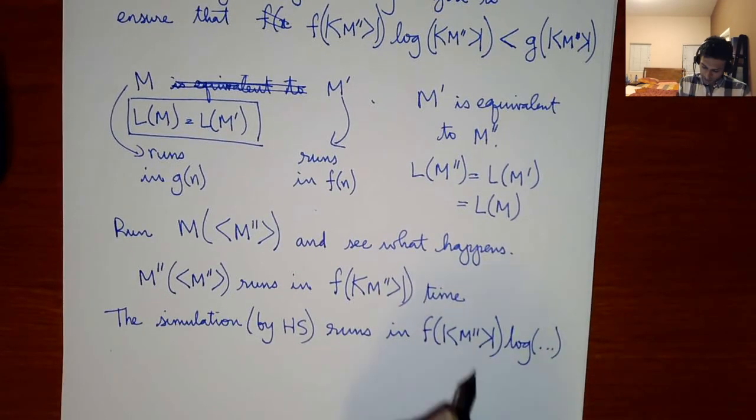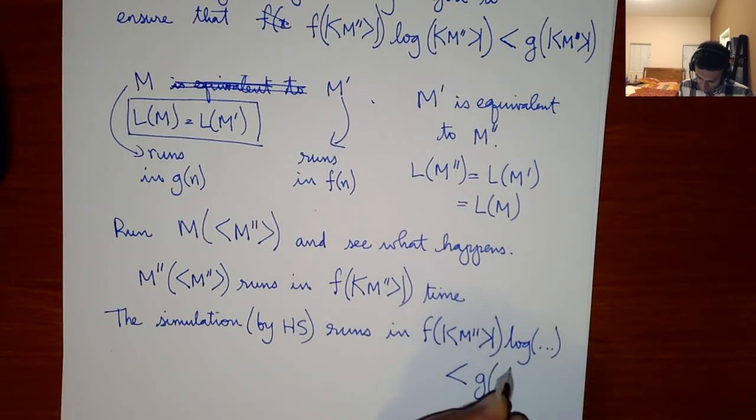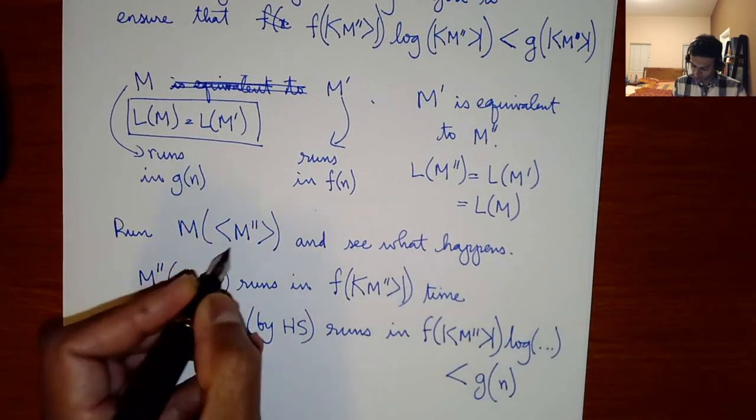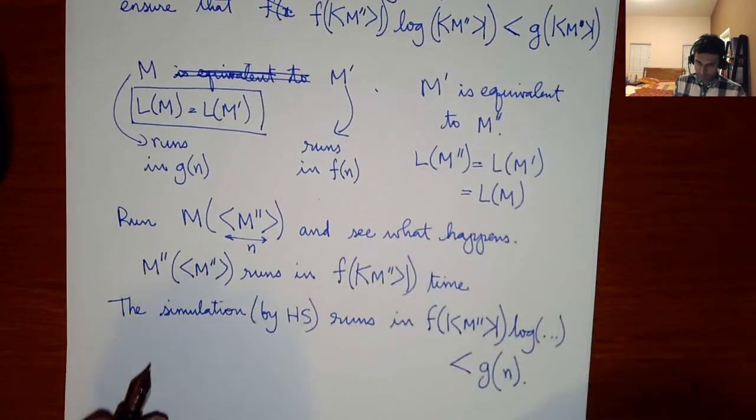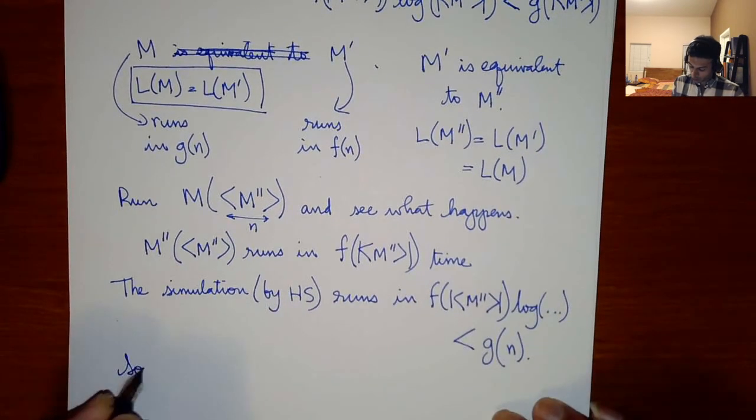And this is less than g of n, where I'm just going to call this n now, because this is the input size. The input length is n. So this runs in less than g of n. So the simulation will halt.